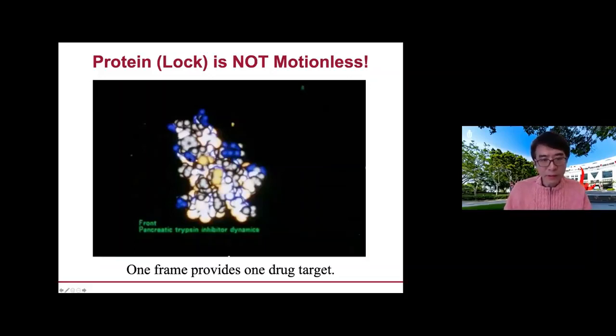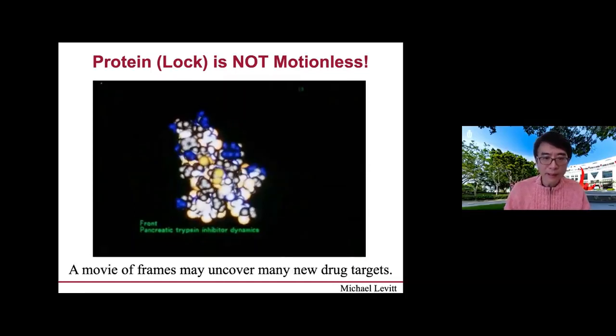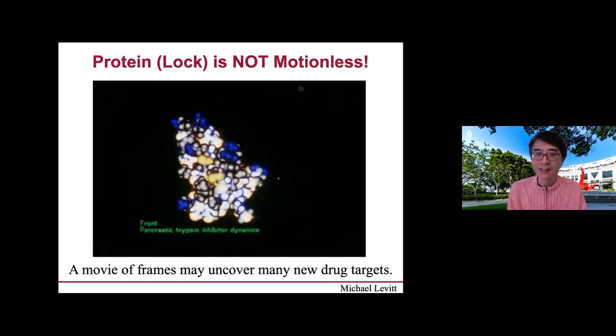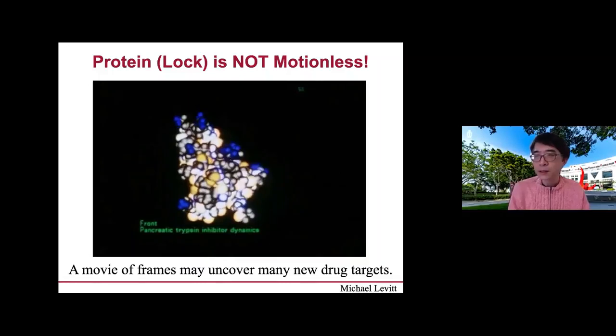Here is a structure of the protein. You can see this protein has a specific three-dimensional shape, as we talk about, and some part of the protein can serve as a drug target, right? There's a binding pocket for the drug. Now, this is one static picture of the protein with a well-defined three-dimensional shape, right? So in reality, protein is moving like this. It's in constant motion at room temperature due to the thermal fluctuations.